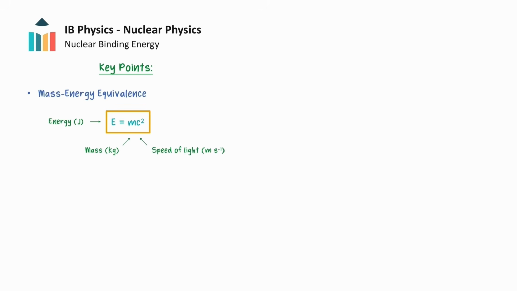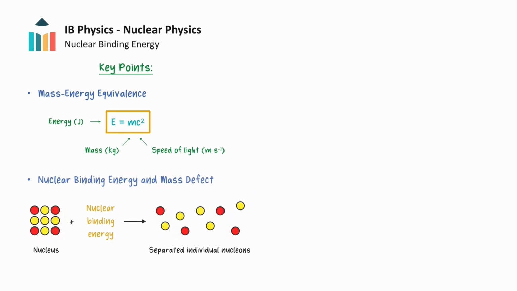We will now provide a final summary of the key understandings from this video. We began by stating that particles at rest have an intrinsic energy, which can be calculated with the equation E=mc². We then saw that nuclear binding energy is the work required to separate a nucleus into its individual nucleons, or the energy released when the nucleus is formed from individual nucleons.